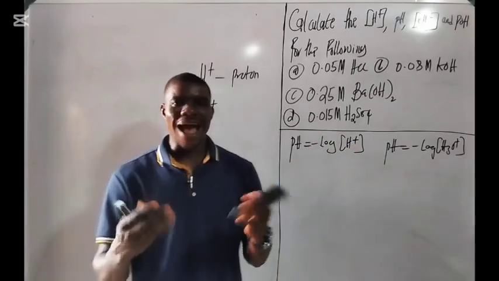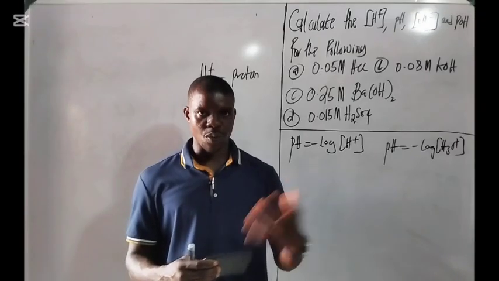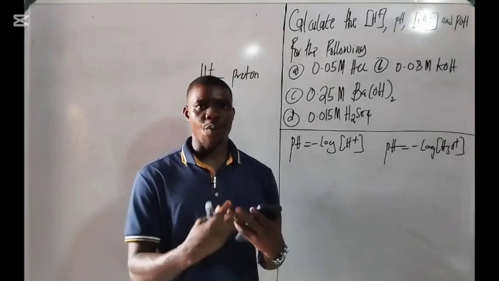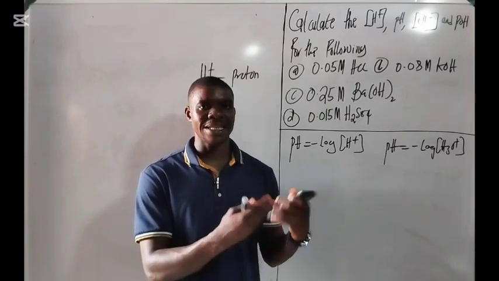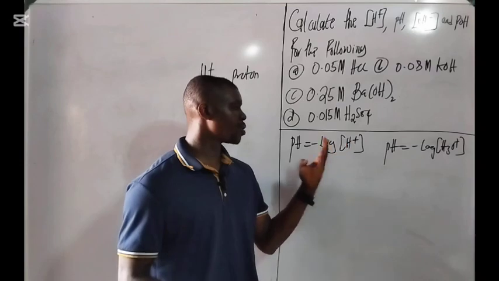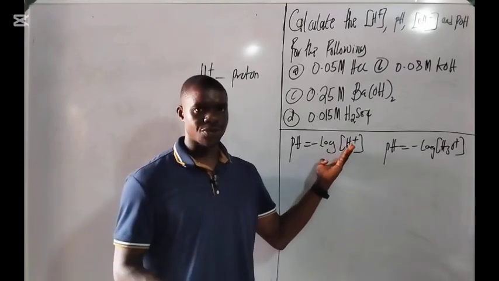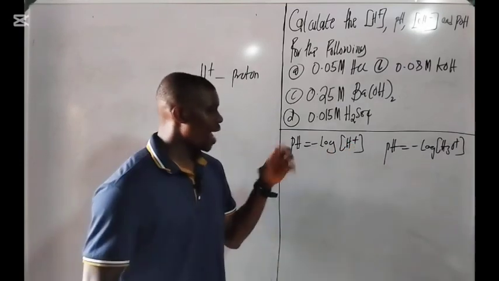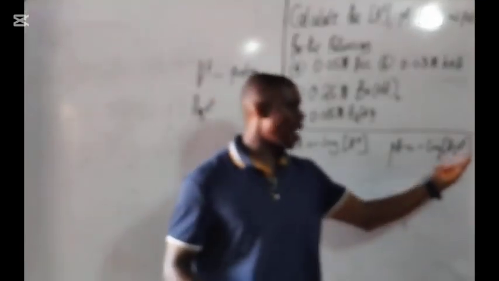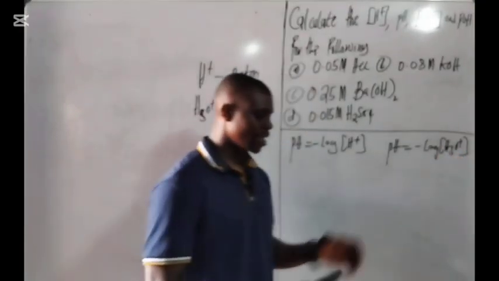Remember, an acid gives out protons, while a base accepts protons. According to the Arrhenius theory, when you dissolve an acid in water, it produces hydrogen ions. So any substance that gives out H plus is an acid, and you can use the two interchangeably.